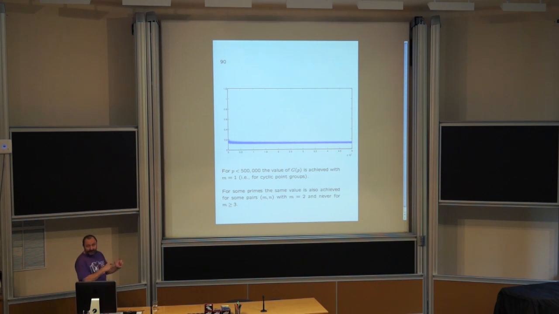And I think a couple of times they just break even. We never observed anything coming from M equals 3. So if it's not cyclic, the non-cyclic component is tiny. Never exceeded 3, but maybe we haven't computed far enough. So we have no idea what is going to happen here.